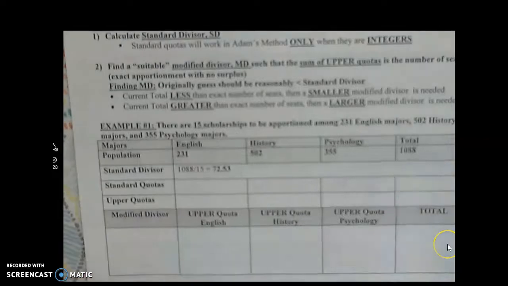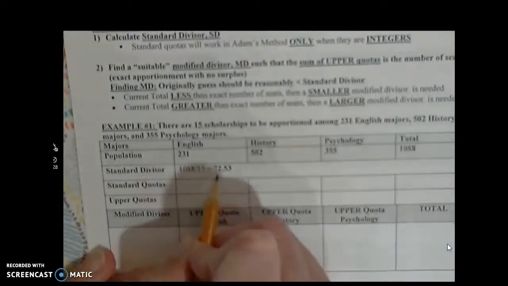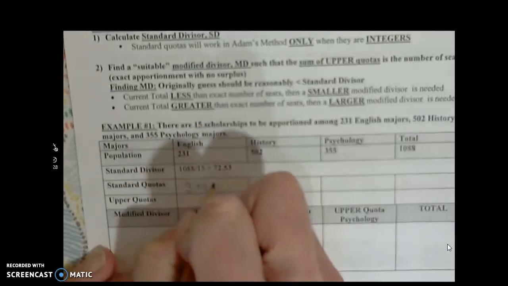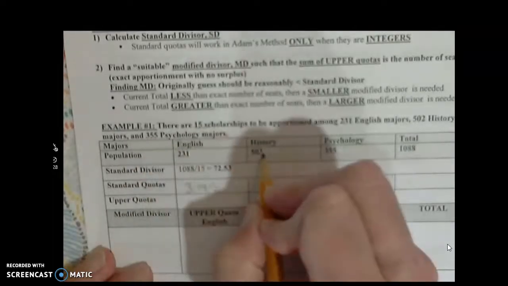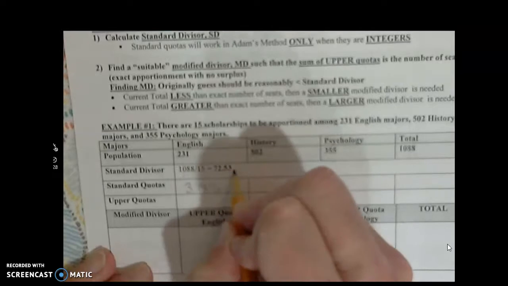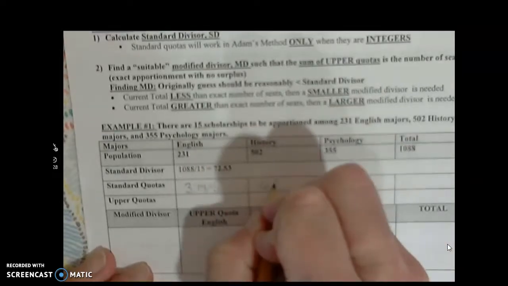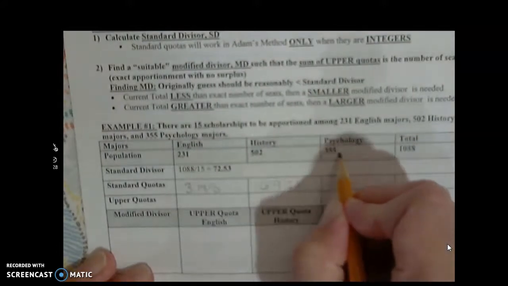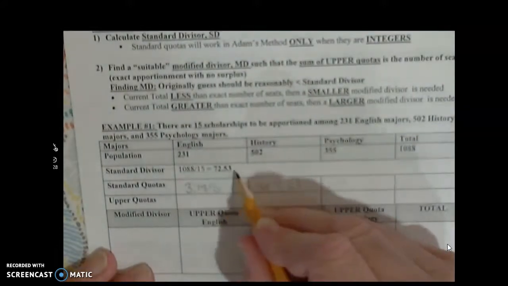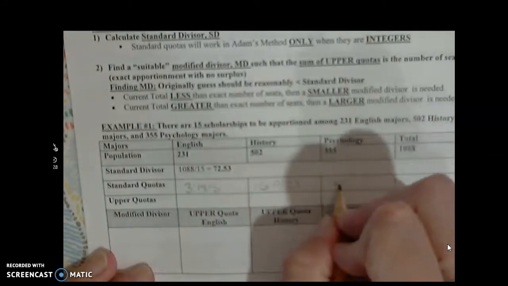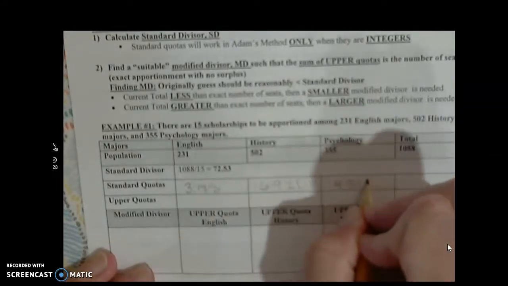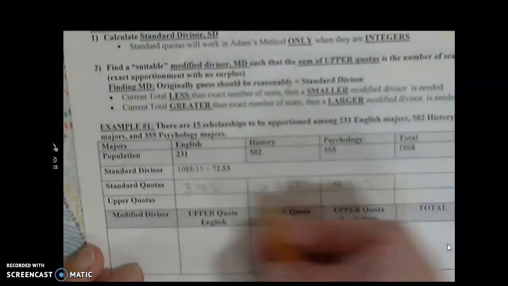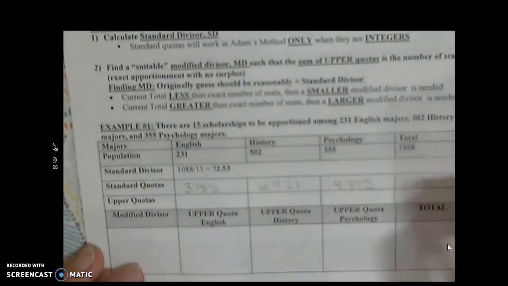And if you remember, we did 231 divided by 72.53, and we got 3.185. 502 divided by 72.53 gave me 6.921. And then 355 divided by 72.53 gave me 4.895. If you add all those together, that's where we get our 15 from.